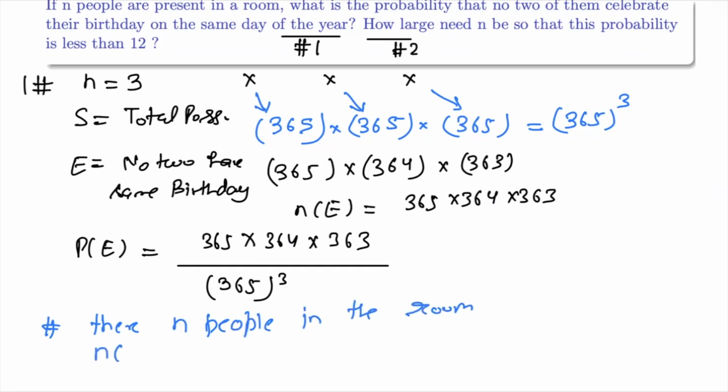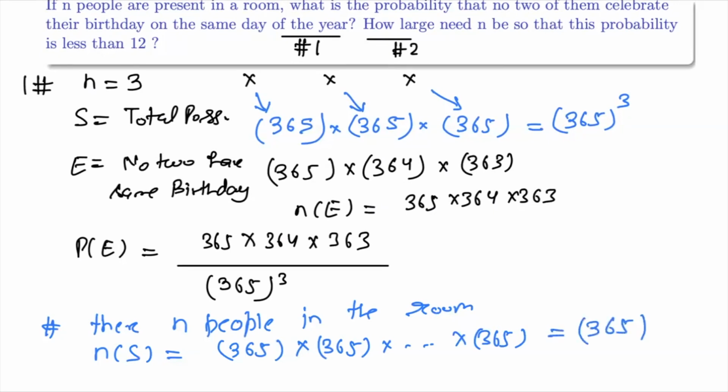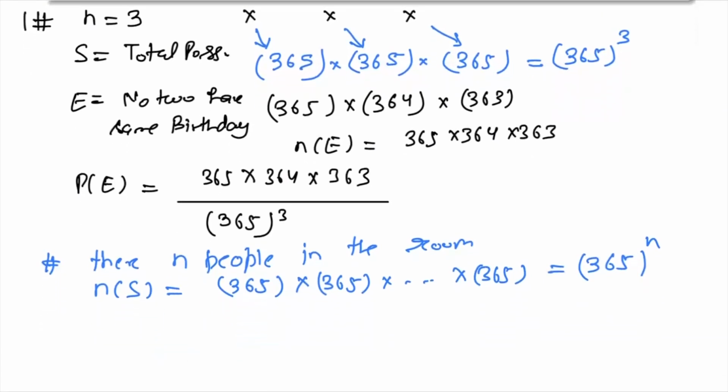In this case, if I ask you how many total possibilities for birthdays, 365 possibilities for the first person, 365 for the second person. Every person has 365 possibilities. Any day out of 365 will be the birthday. So how many possibilities are there? Answer is 365 whole power n. These are the total possibilities you have.